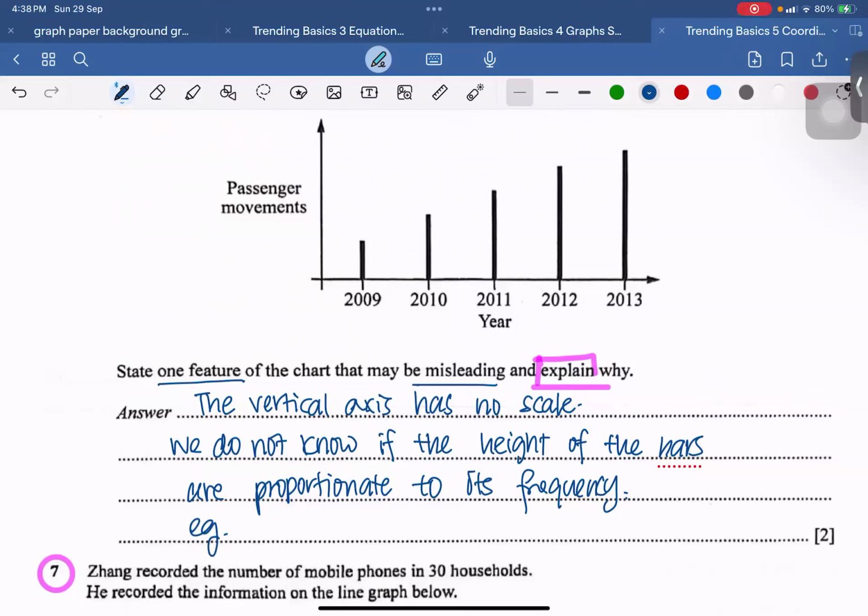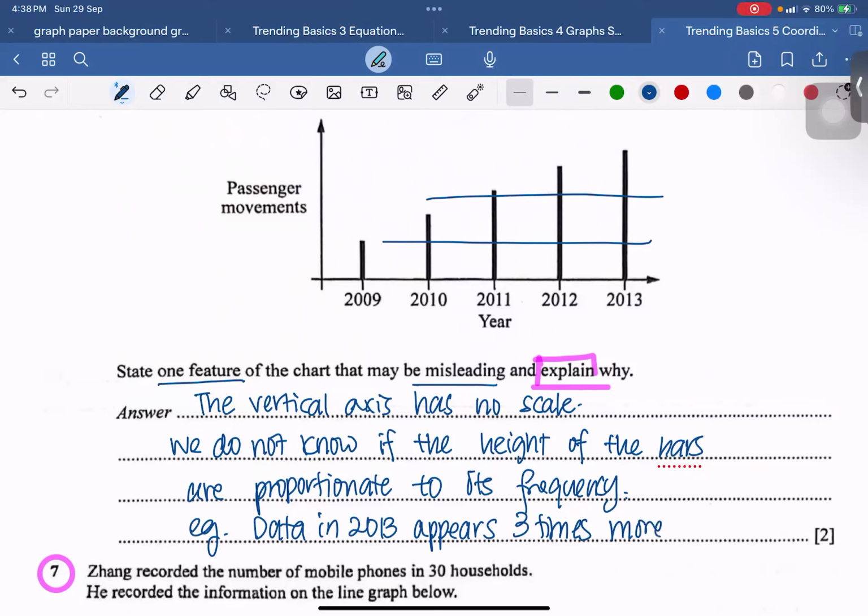Example: frequency or data in 2013 appears to look like it's twice, appears 3 times more than 2009, but it may not be true.